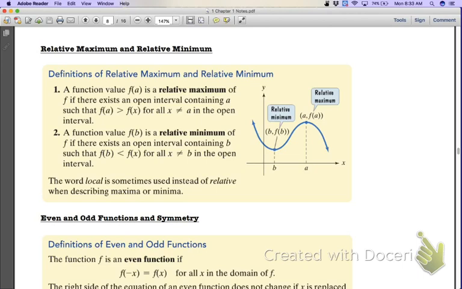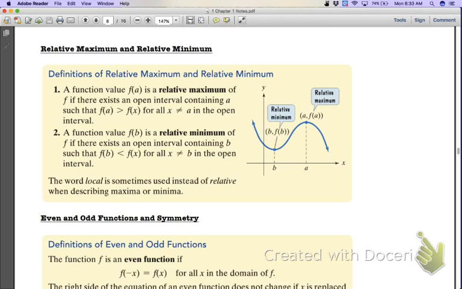So whenever we talk about your relative minimum or relative maximum, or your local minimum or local maximum, same thing, we are going to find the low part of the valley and the high point of the hill, which is really the easiest way to think about it.